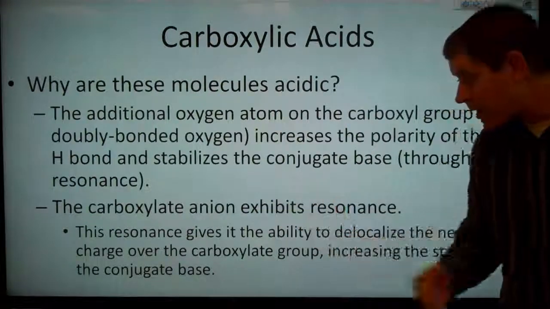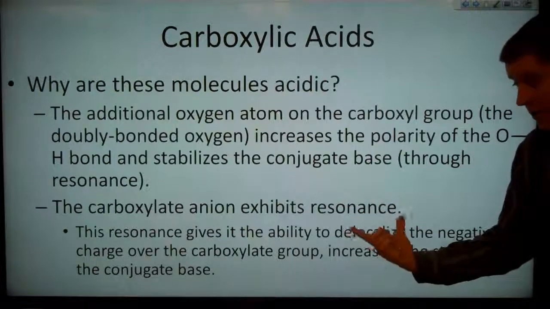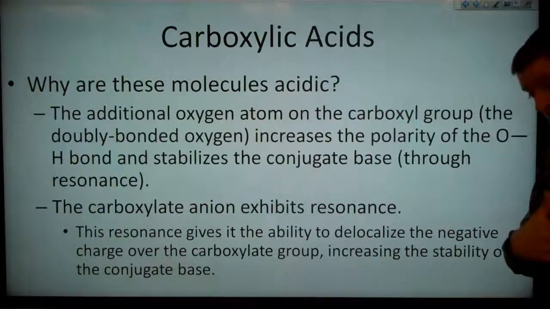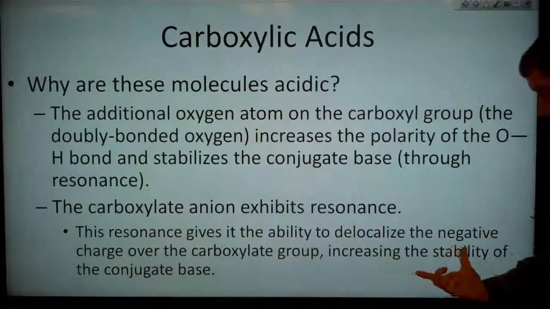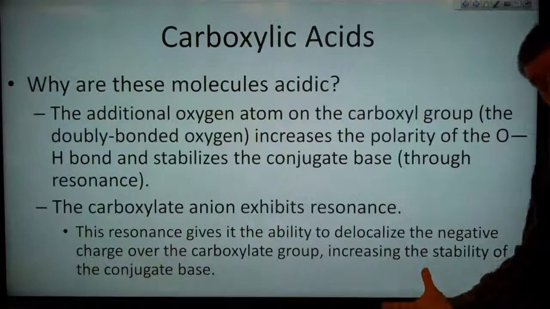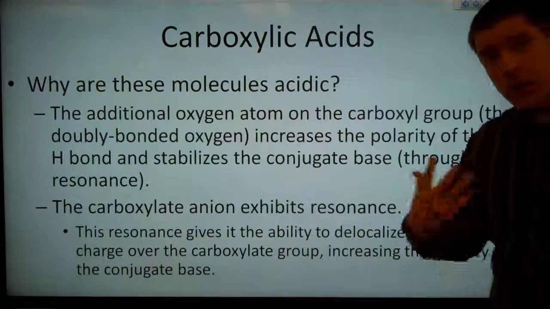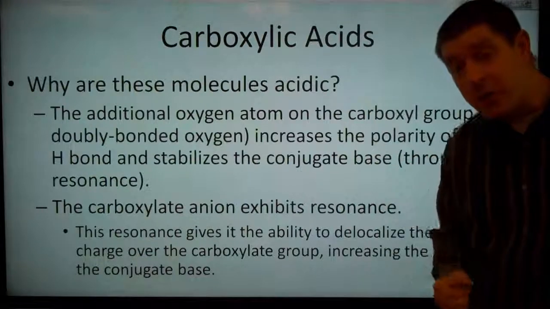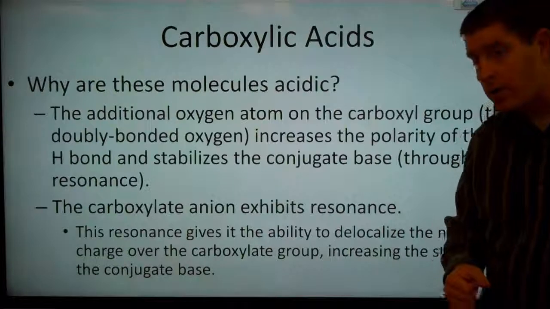So our carboxylate anion exhibits resonance, and this resonance gives it the ability to delocalize that negative charge over the carboxylate group, over those two oxygen atoms and the carbon, which increases the stability of our conjugate base. Anytime you can increase the resonance, you're increasing the stability of the molecule. Remember, as we increase the stability of our conjugate base, our acid is getting stronger.